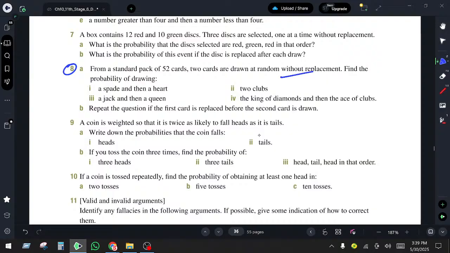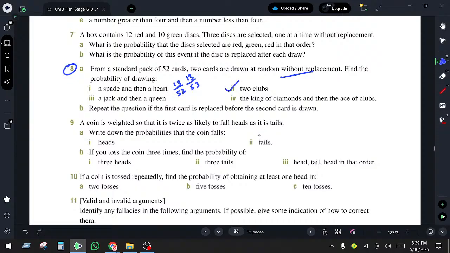Without replacement मतलब वापस नहीं रखा, card set में छेड़छाड़ है, product उसी हिसाब से करना चाहिए। Spade and then heart. Spade means 13 by 52, heart means 13 by 52, so it is 1 over 16.